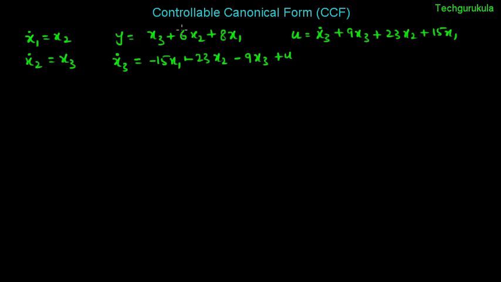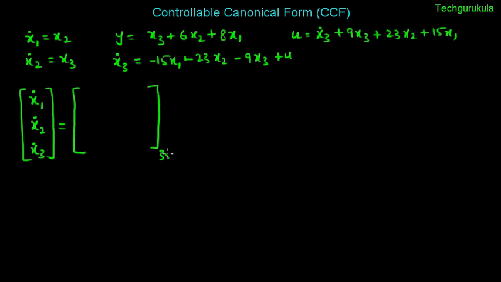So now these are the final 4 equations that we will use to represent them in standard form. So we can say x1 dot, x2 dot, x3 dot is the vector that we are trying to represent in terms of matrix A, which is 3 cross 3, because we know the order of the system is 3.